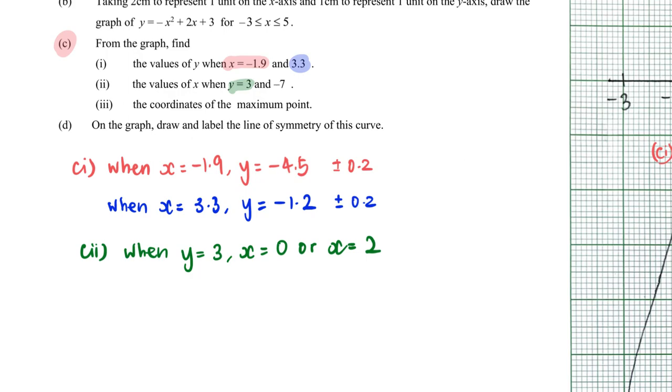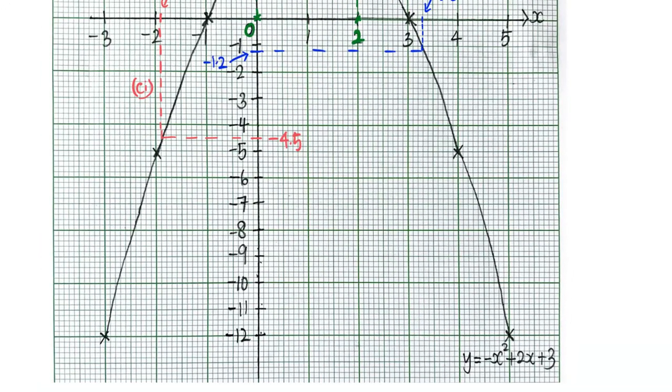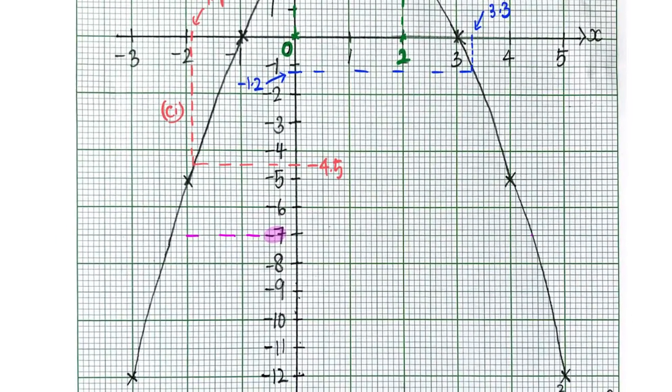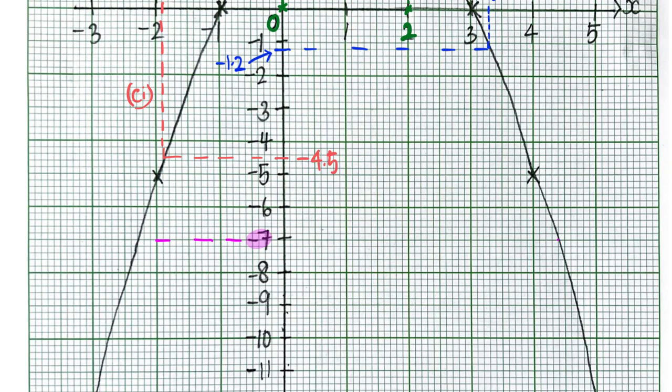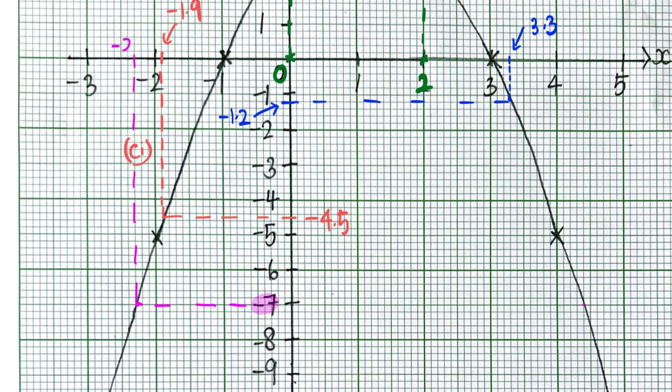And let me go over to the last part. Y equals negative 7. So when y equals negative 7, which is here, what will be my answer? And for my answer, let's have a look. Okay, when y equals negative 7, I will get for my graph negative 2.3.